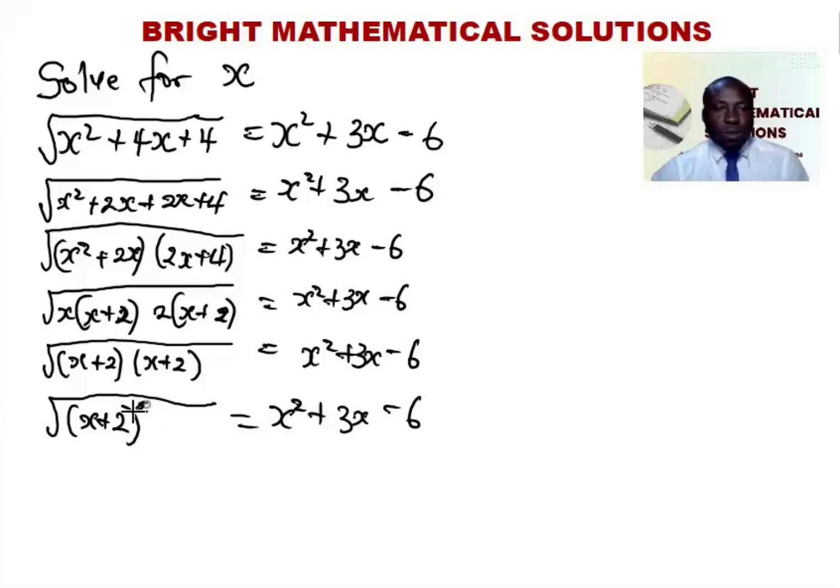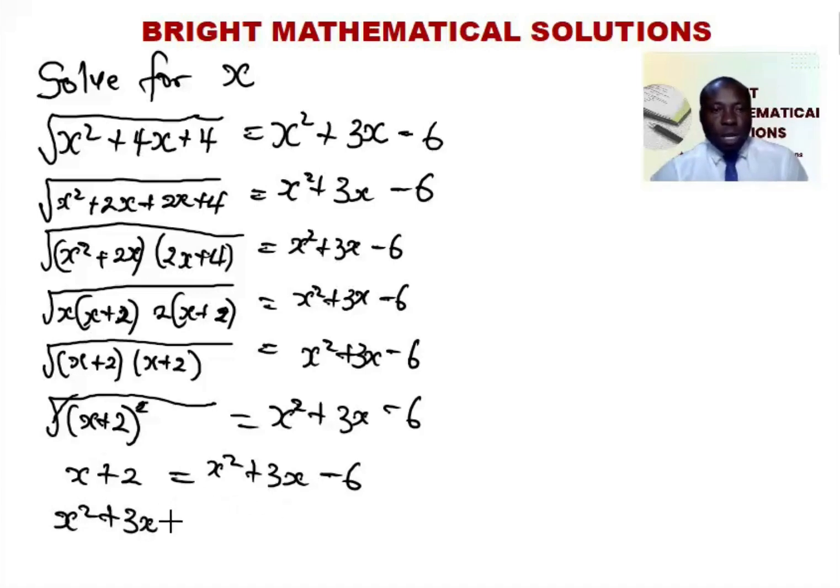Now, this square can cancel the square root, such that our expression becomes x plus 2 equals x squared plus 3x minus 6. Let us bring the like terms together: if this x comes to this side, it becomes minus x, minus 6 minus 2 equals 0.